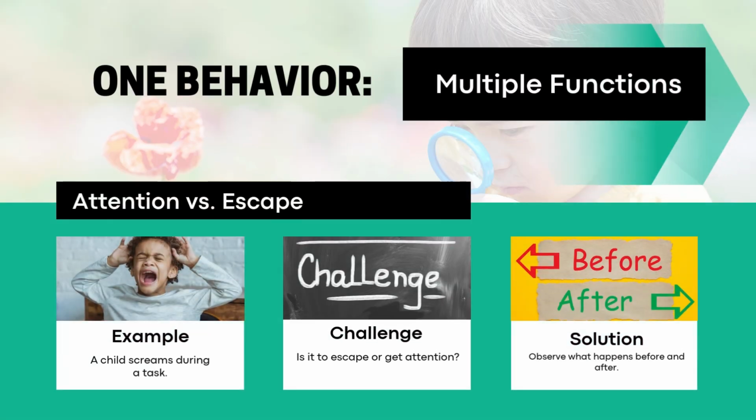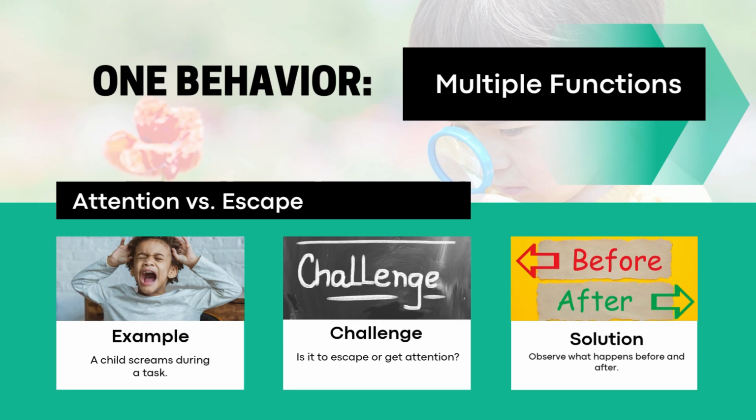Now, let's take a closer look at how one behavior can serve more than just one function, depending on the context. In this example, a child screams during a task. Now, the challenge here is determining the function. Is the behavior happening to avoid the task or to gain attention from an adult nearby?